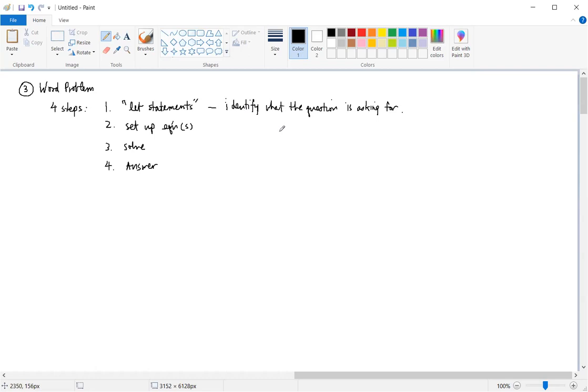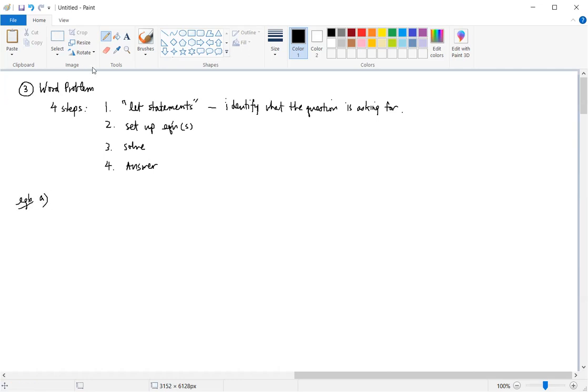I don't think drawing a diagram is one logical step, because if we need it, we will do it. So that's what I mean by 4 logical steps: first, understand what we need; set up equations to solve it; solve for what we want; then answer it. That's it. So that's example 6.